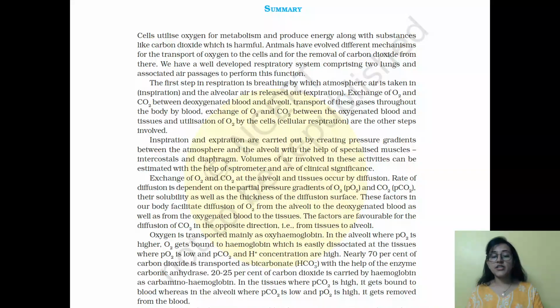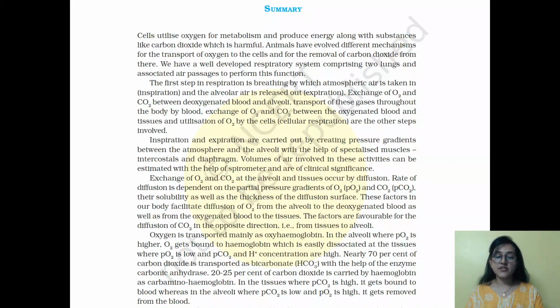Oxygen is transported mainly as oxyhemoglobin in the alveoli, where partial pressure of oxygen is higher. Oxygen gets bound to hemoglobin, which is easily dissociated at the tissues, where partial pressure of oxygen is low and partial pressure of carbon dioxide and hydrogen ion concentration are high.